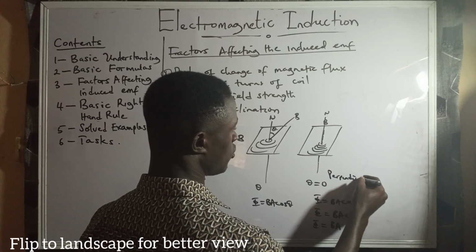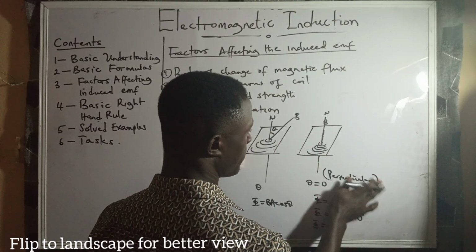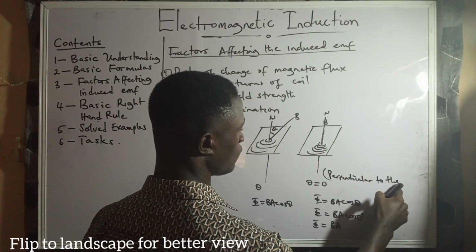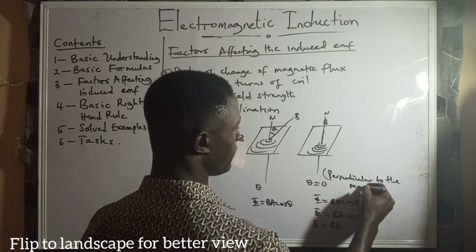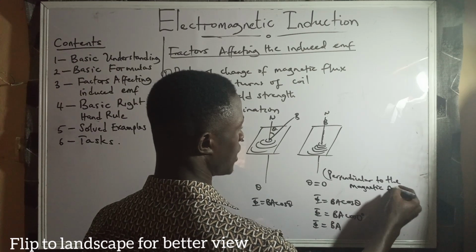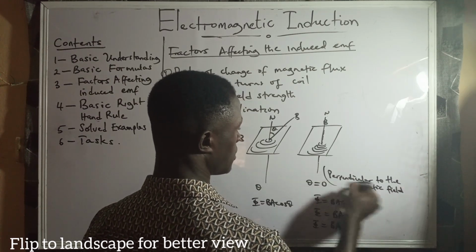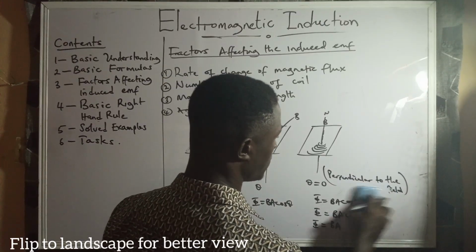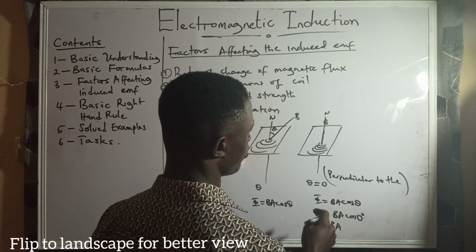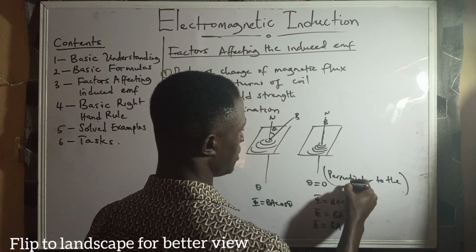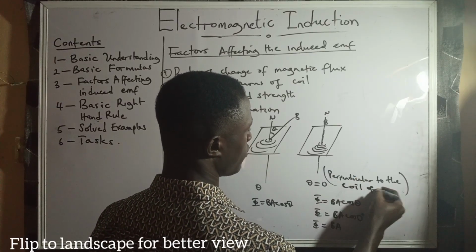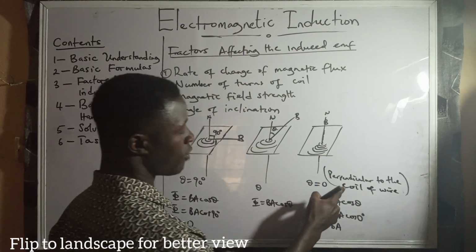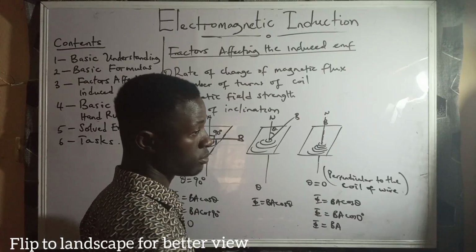When you hear perpendicular, perpendicular to the magnetic field, no, not the magnetic field, perpendicular to the coil of wire. When your magnetic field is perpendicular to the coil of wire, your theta is equal to 0.